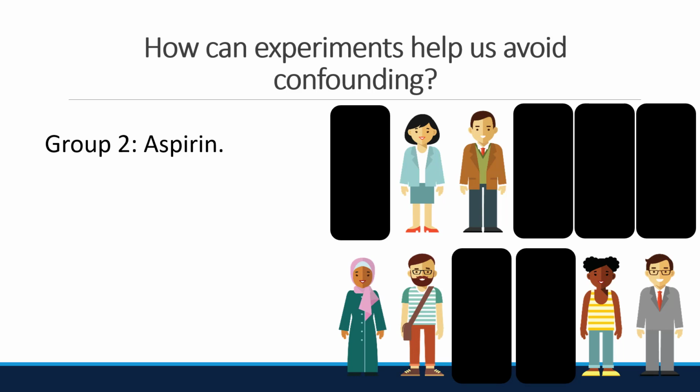All of the subjects in group 1 will receive Tylenol, and all of the subjects in group 2 will receive aspirin. If a randomized experiment yields a significant difference between the two groups with respect to the response variable being studied, we can establish causation from the explanatory to the response variable.